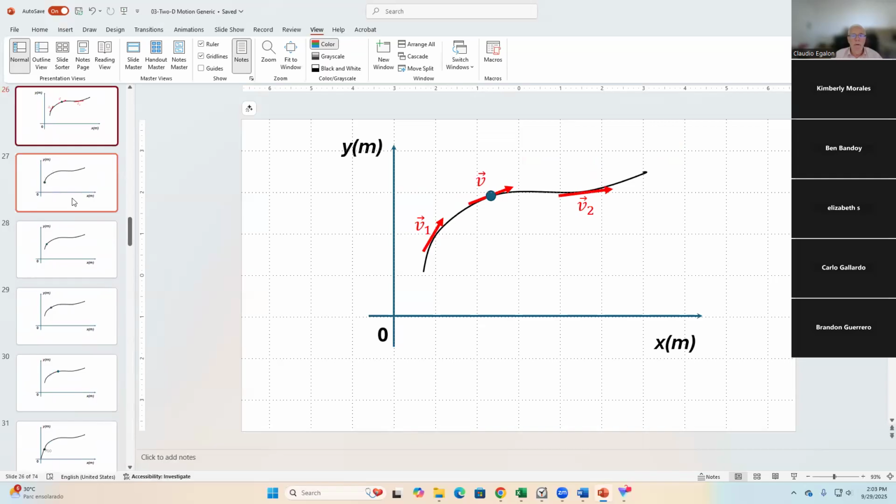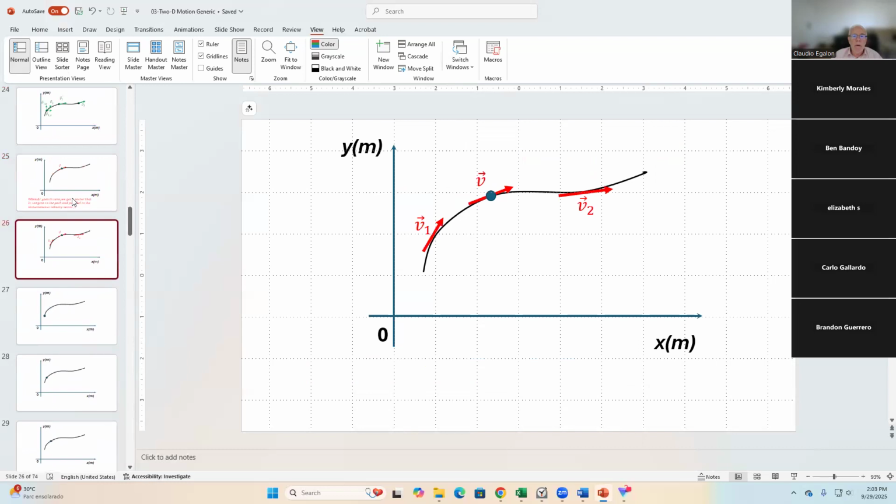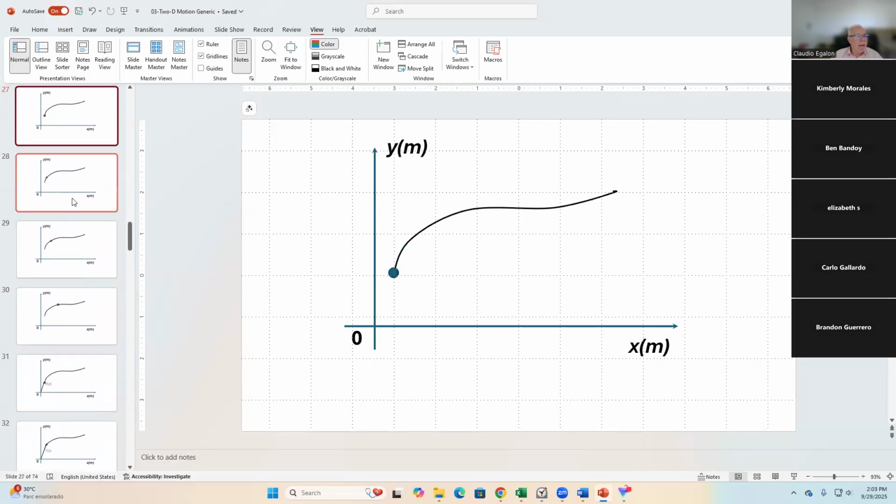Okay, V1, just repeating what I did before. Here you go. Now here's my object moving along the path, okay? Playing the movie, right? Let's get another one. More clear than that, we cannot, it's impossible, right?